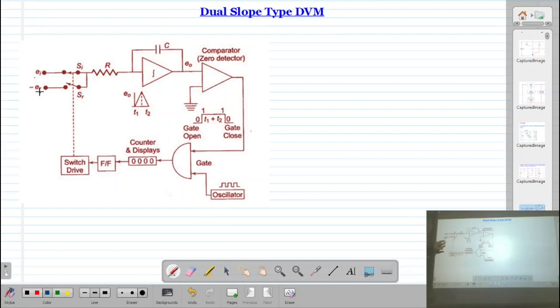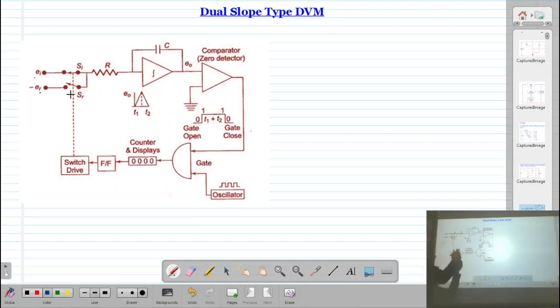And always you should remember, in this type of DVM, both the voltages must be of opposite polarity. If my input voltage is negative, then the reference voltage must be positive. Then here we have this switch. It is a kind of electronic switch.